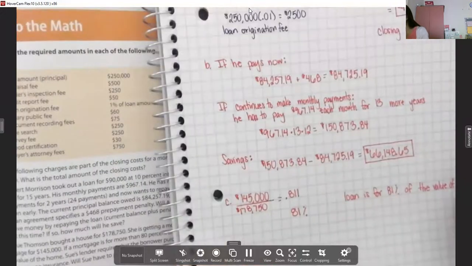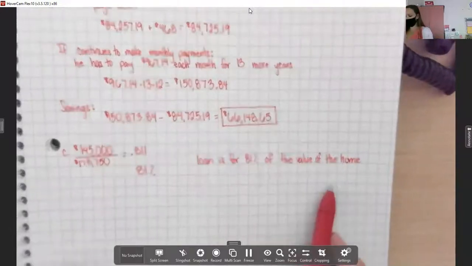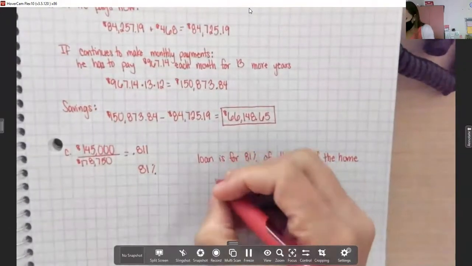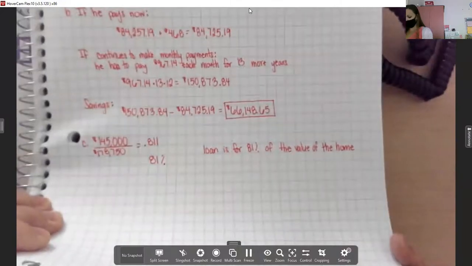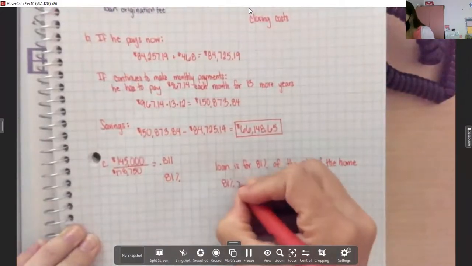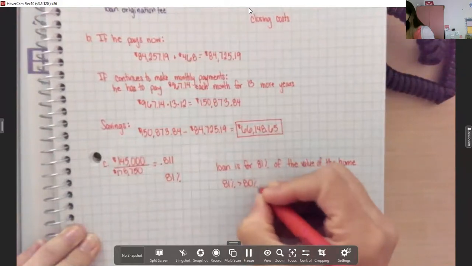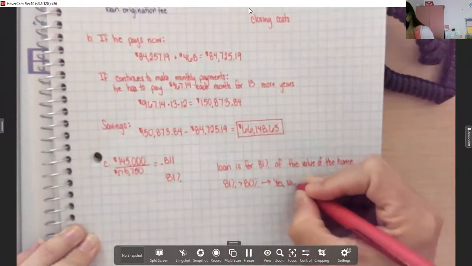That's what that means. So she has to get mortgage insurance if the mortgage is more than 80%. So 81% is greater than 80%. So yes, she needs mortgage insurance.